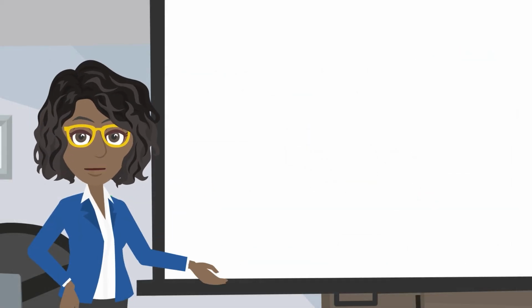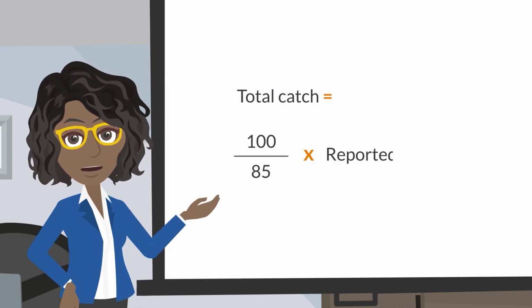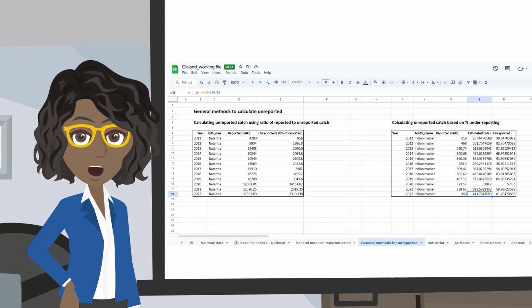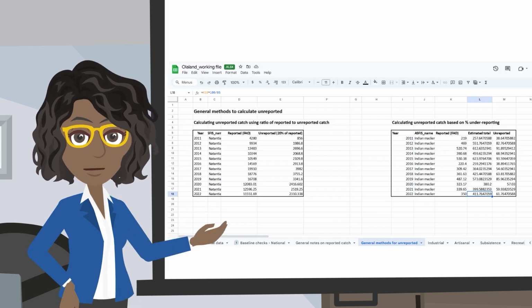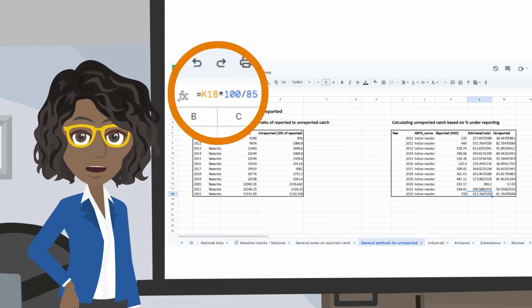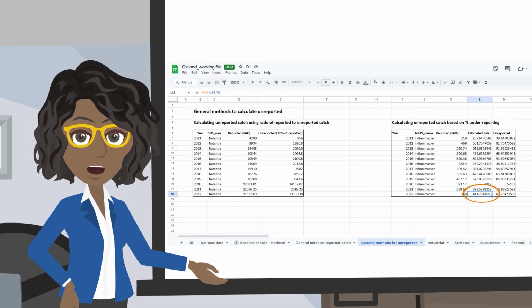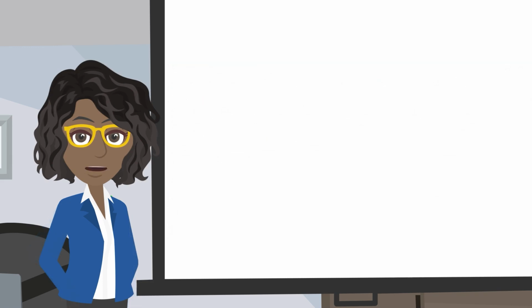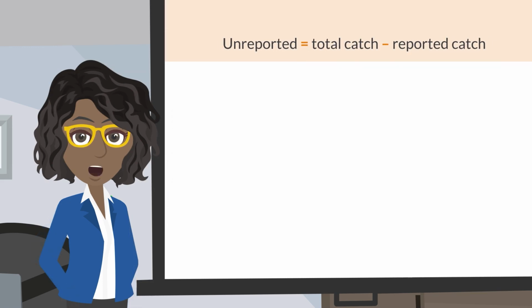For 2022, I used the formula total catch equals 100 over 85 times reported catch. In other words, total catch equals 100 over 85 times 350 tons equals 411.76 tons. On the other hand, the formula for unreported catch is total catch minus reported catch.